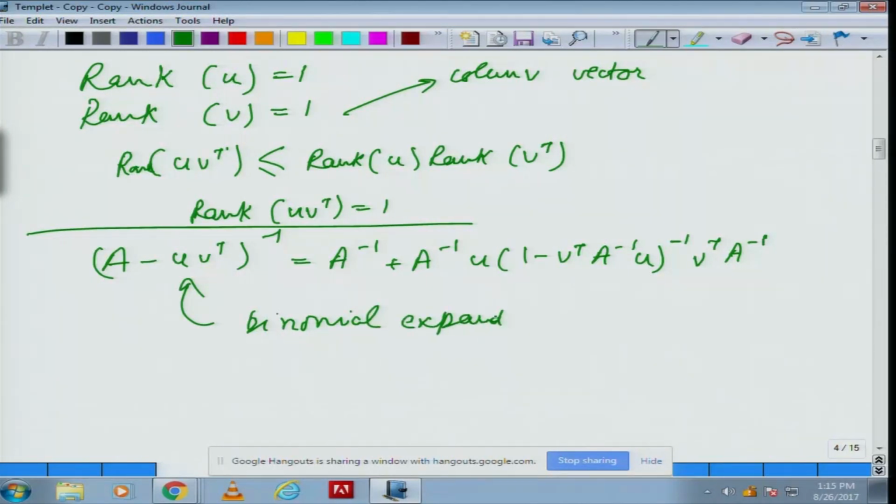Now this term can be binomially expanded, and similarly some algebraic operations will easily give you this result. And there is another method which is easier than this method.